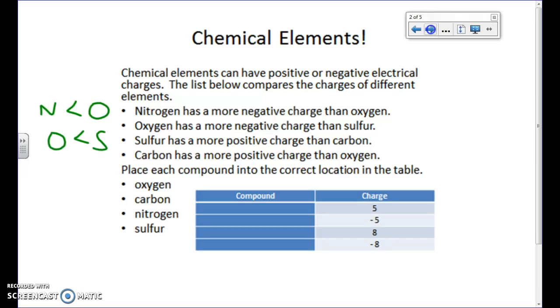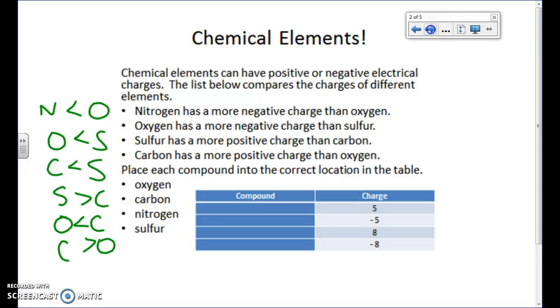Sulfur has a more positive charge than carbon, so if it's more positive, then it would be bigger than carbon. We could write it that way, or the other way around. And carbon has a more positive charge than oxygen, so carbon is more positive than oxygen. Or you could write it this way if you wanted to.